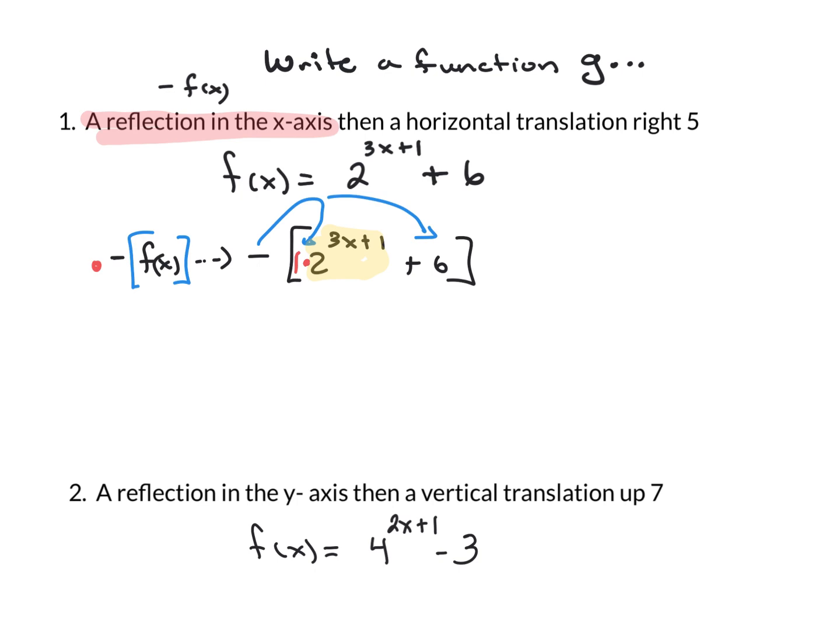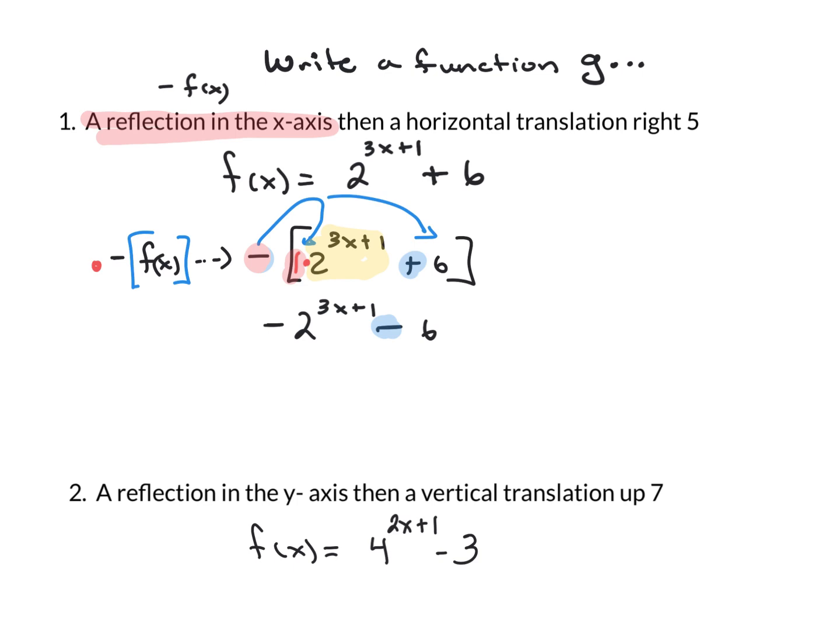So that's going to give us negative 2 to the 3x plus 1, and then we also have to multiply it to the 6. A negative times a positive is a negative. So that's what that would look like.